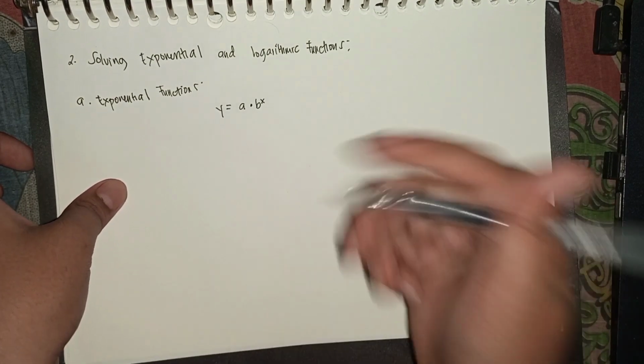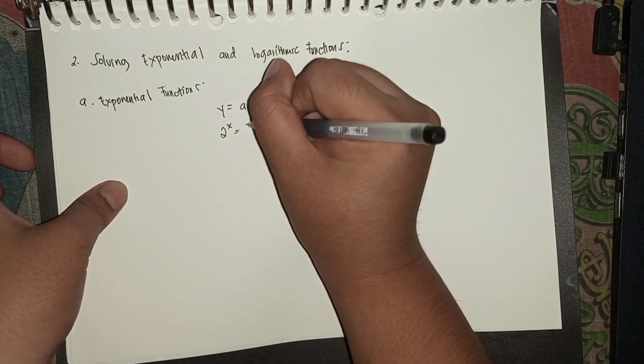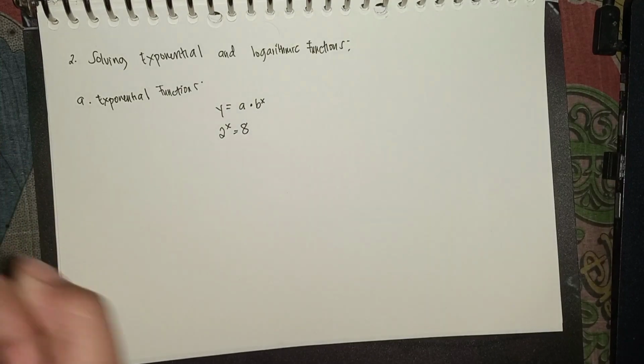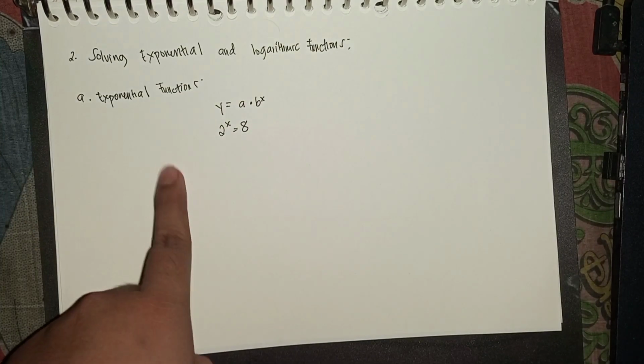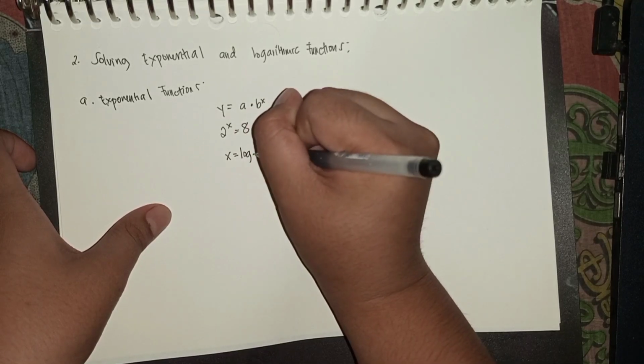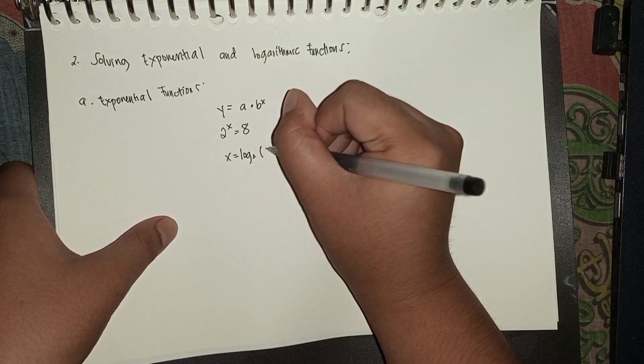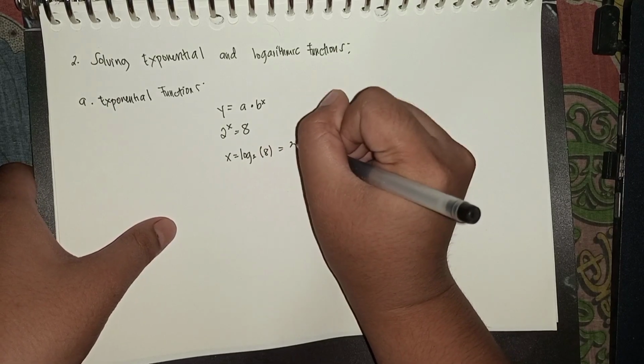For example, if you have 2 to the power of x is equal to 8, you can take the logarithm base 2 of both sides to get x is equal to log base 2 of 8, which is equal to 3.